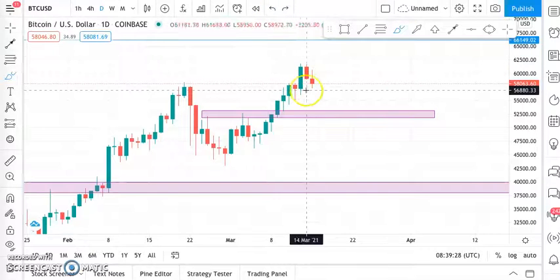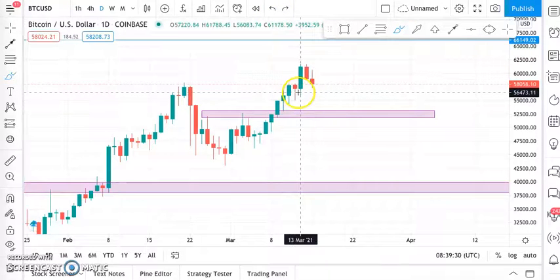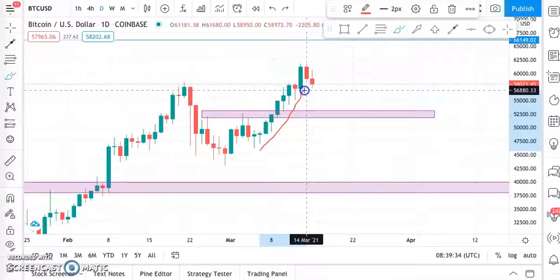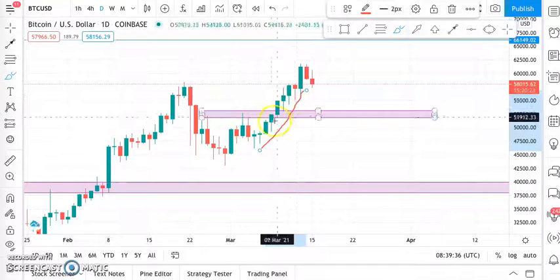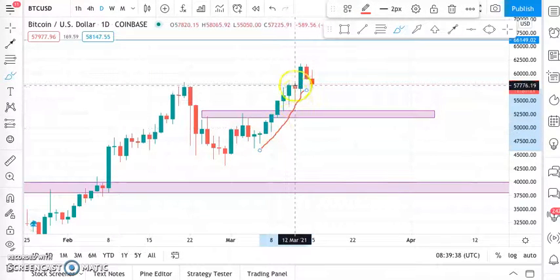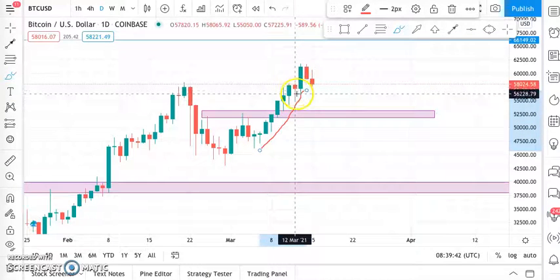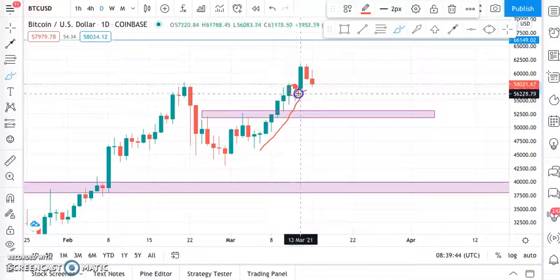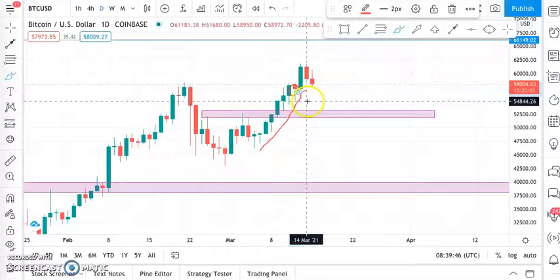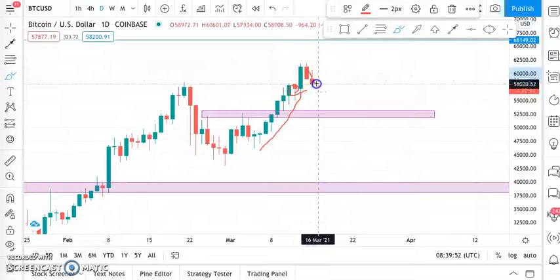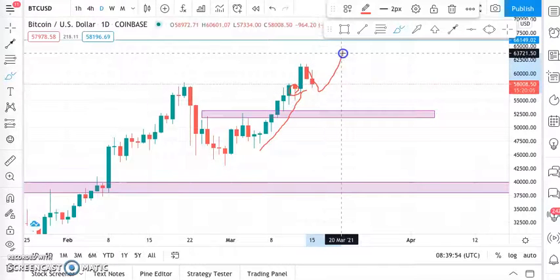So why is this area a strong demand area? Because we can see that from this move up here, there is only one candle that is not related to the move, which is this red candle here. Every other candle is green, so this makes this area a strong demand area.